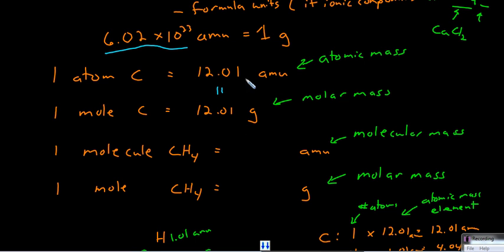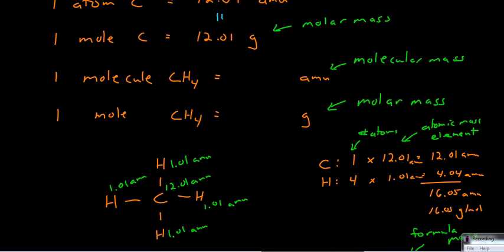And so that 12.01 atomic mass units is called atomic mass, the mass of just an atom, whereas the mass of an entire mole of something is the molar mass. Similarly, we can find the molecular mass and the molar mass. Those will be the same number as well.